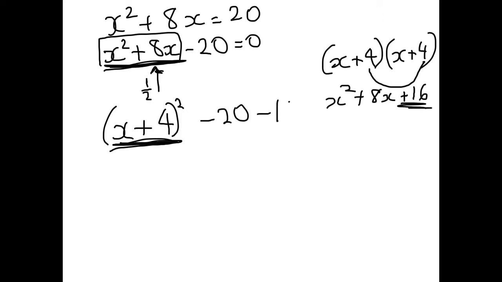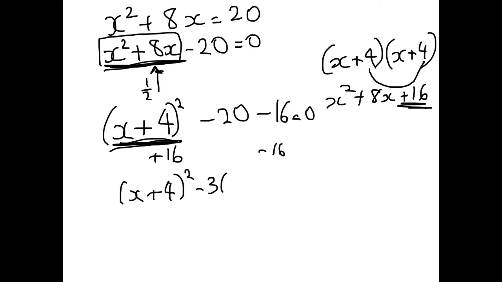So I need to subtract that off. I've added it in there, and I've taken it out there, so I haven't changed anything. So now what I've got is x plus 4 squared minus 36 is equal to 0. So x plus 4 squared equals 36.